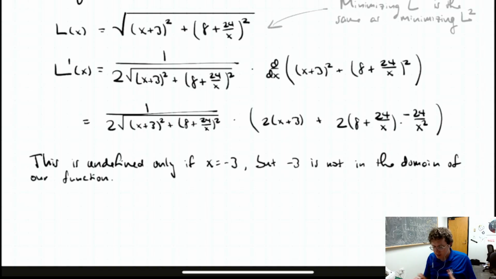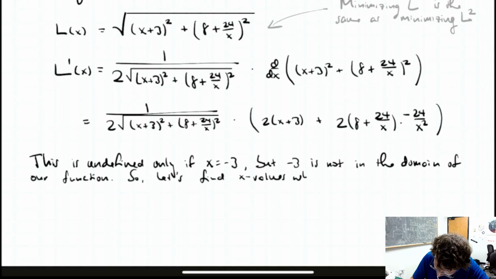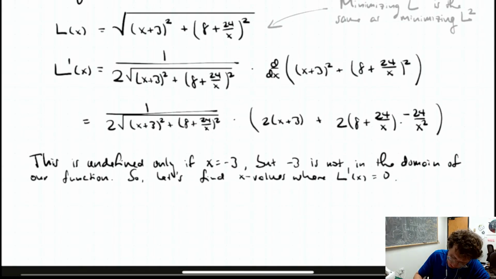And I'm thinking about all of this because I'm looking for critical numbers, which would happen when the function is undefined or when it's 0. We've just thought about where it's undefined. Now I'm going to think about where L prime of x equals 0.